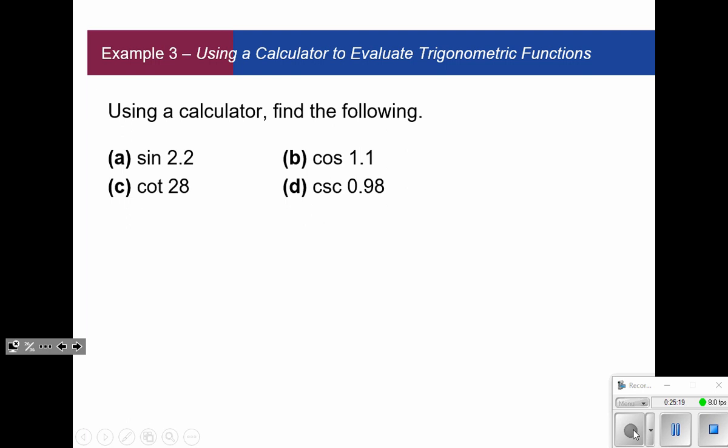Now, cotangent of 28. Here's how you would put that in your calculator. I said this earlier, but I would literally put in tangent of 28, hit equals. Again, make sure you're in radian mode. But then once you get your answer, what is that? Okay. Now, to get to cotangent, I leave the answer in there.